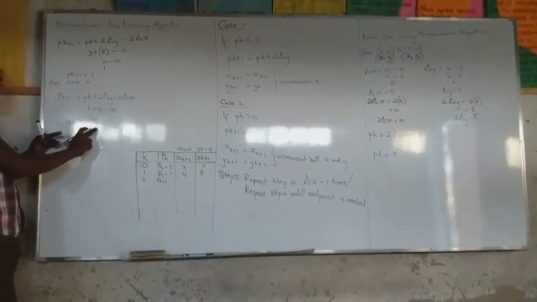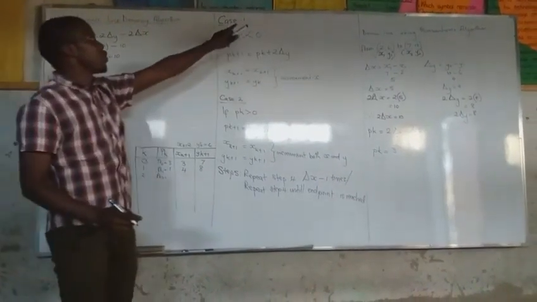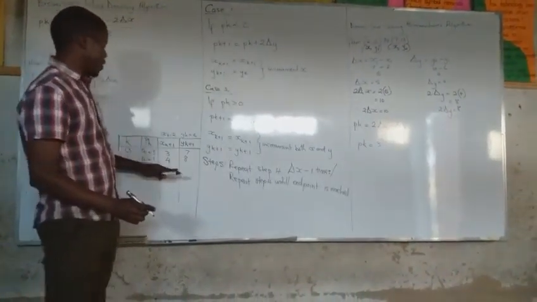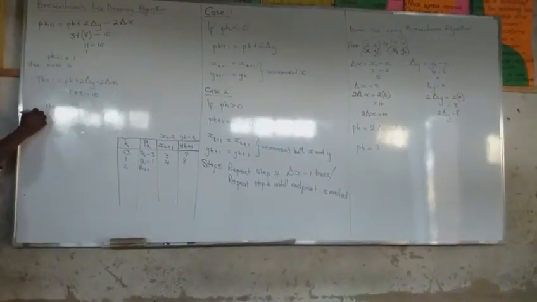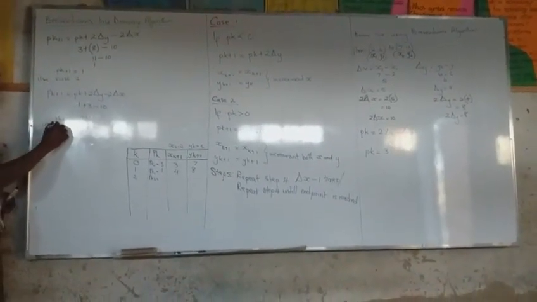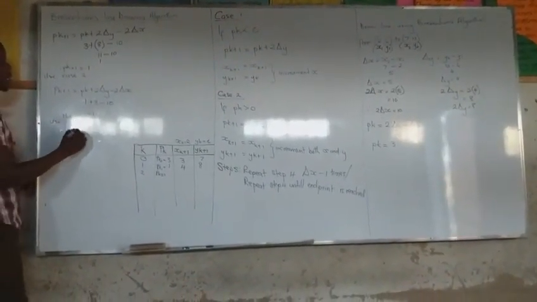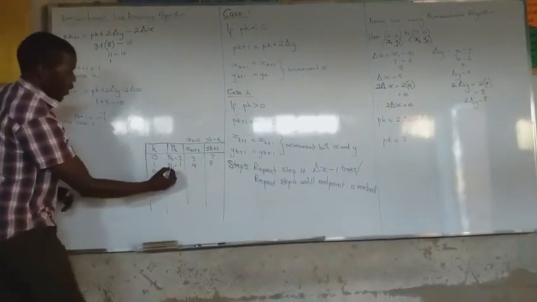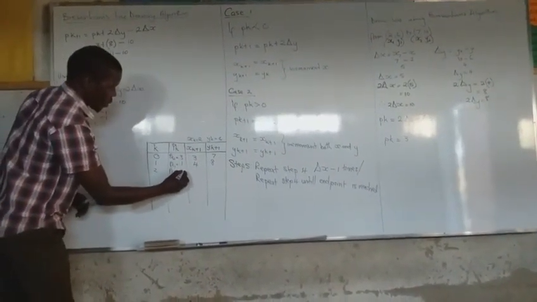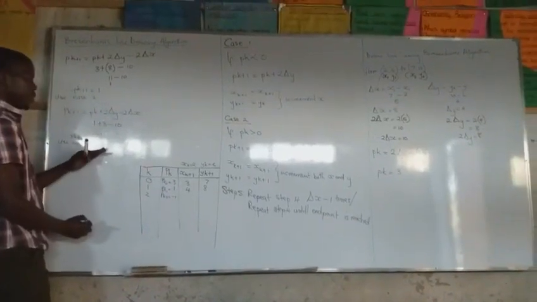It is less than 0, so we are going to use case 1 to update our next place value. Our decision parameter is negative 1.